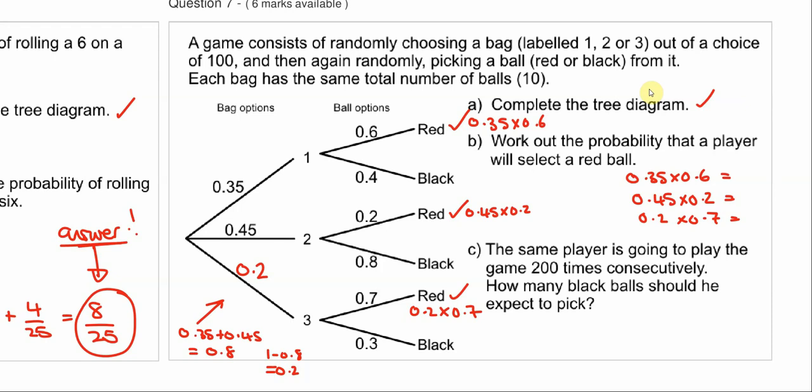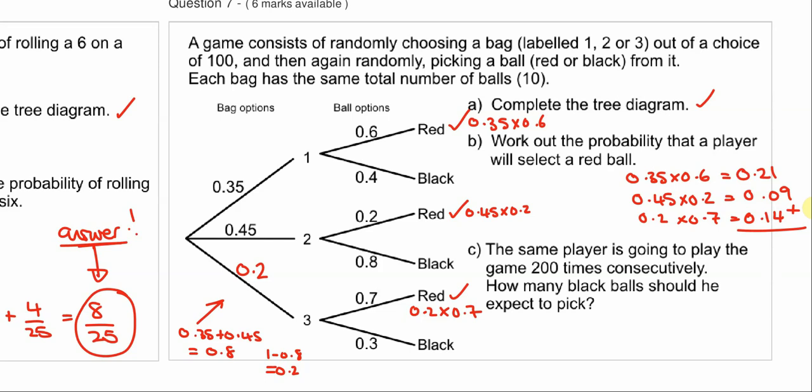So, multiplying these, we're going to get 0.21. We're going to get 0.09. And we're going to get 0.14. We then need to add these.